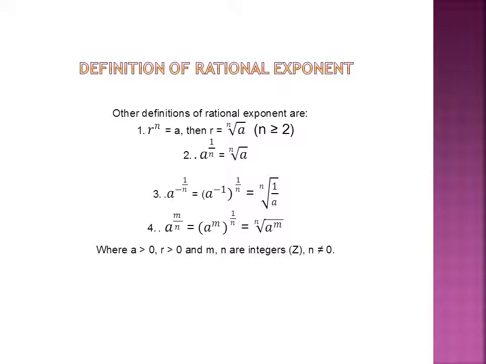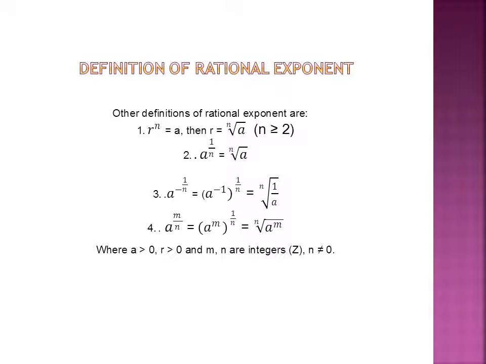You remember one of the definitions of exponent, we said if the exponent is negative, we have to write it in a fraction form. So don't be surprised that I wrote 1 divided by a, because a has an exponent of negative 1.